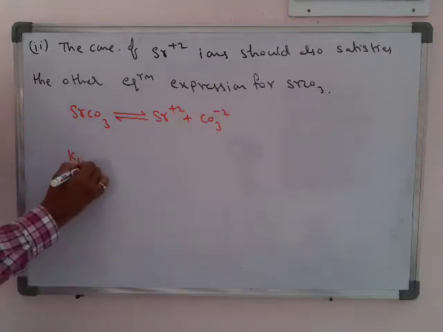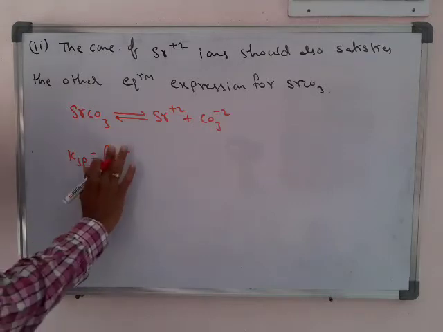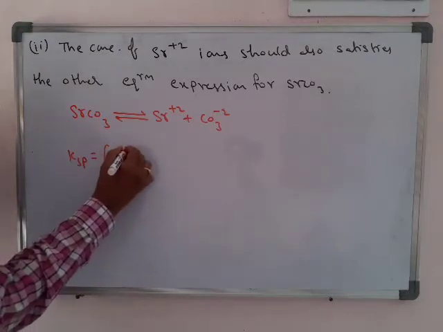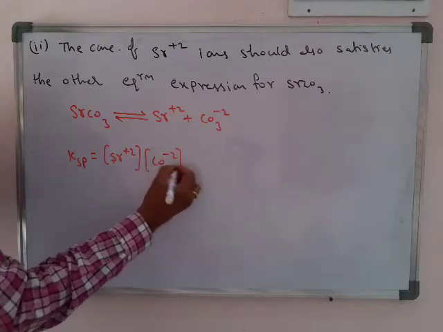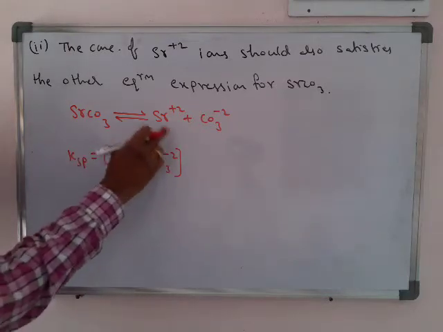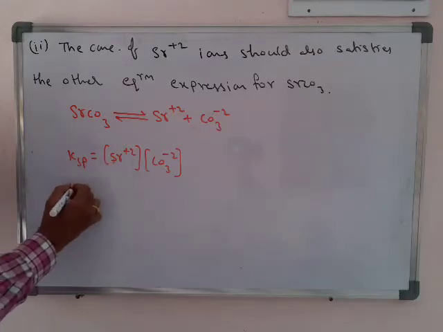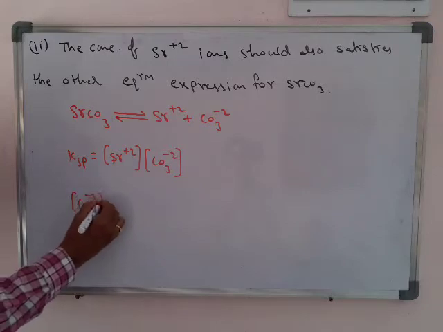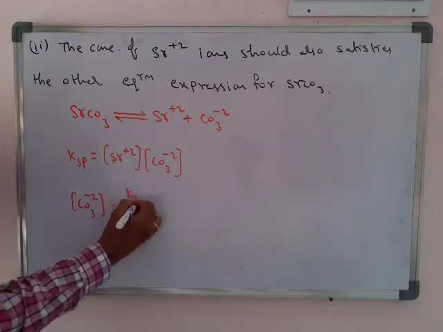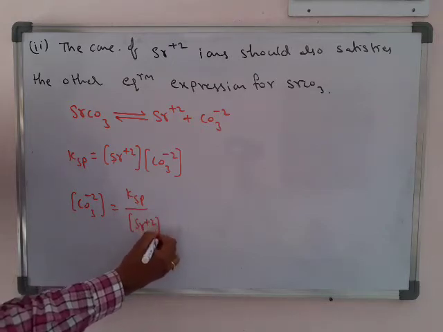So the KSP equals the Sr plus 2 concentration times the CO3 minus 2 concentration. This is a 1:1 ratio, so there is no need to worry about the type of the salt. We have to calculate the carbonate concentration, so carbonate equals KSP by Sr plus 2.